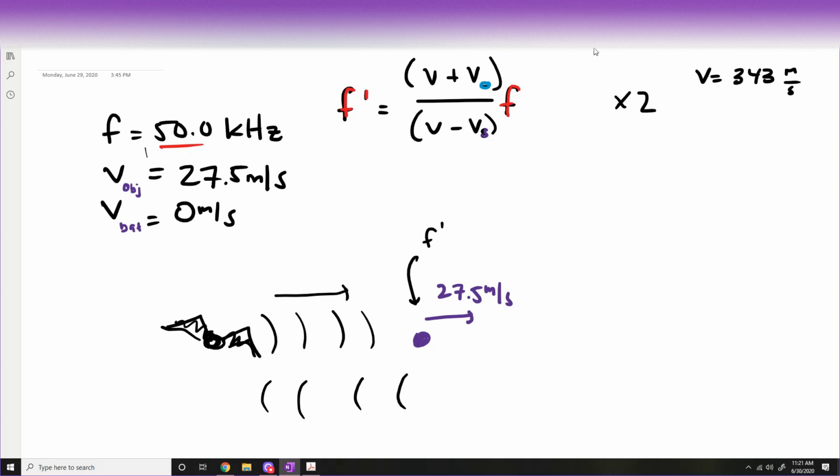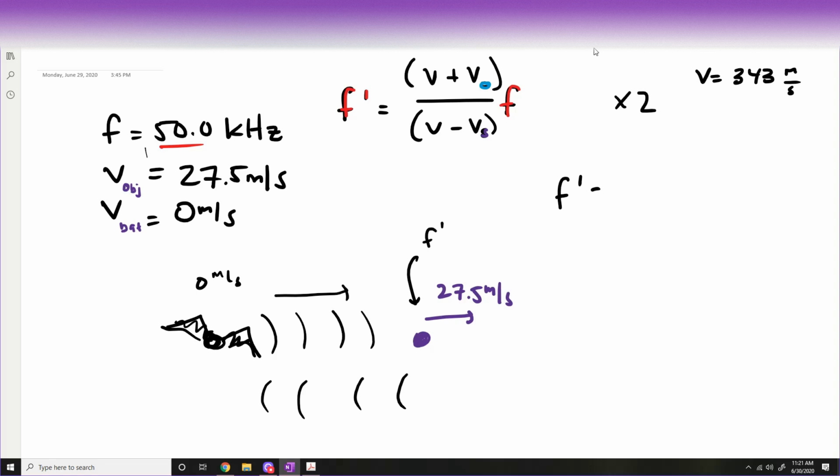V0 is the observer's velocity, which in this case is 27.5. Then there's the speed of sound again, and the speed of the source, which this time is the bat, which is not moving at all. And f is the regular frequency, the frequency that was emitted. So let's plug this in, since we're looking for the frequency the observer is receiving.